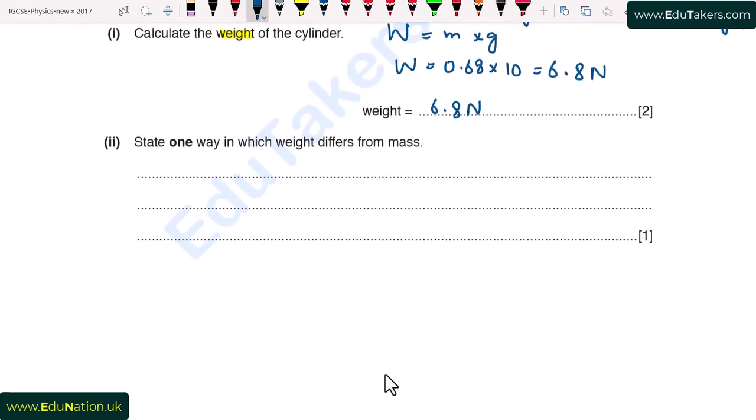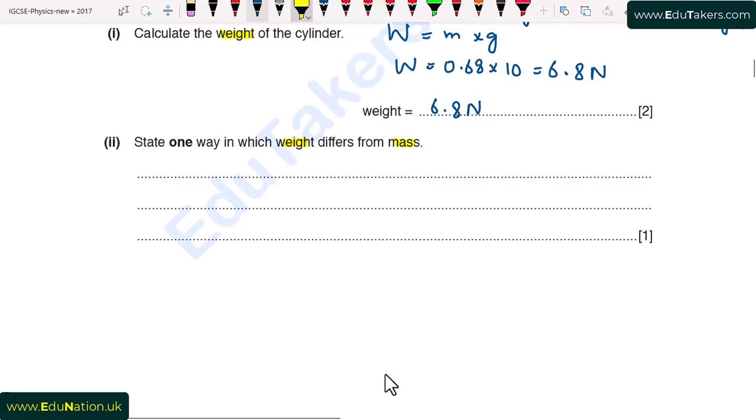Next, part 2. State one way in which weight differs from mass. So here we have to differentiate the weight and mass. Weight is a vector quantity while mass is a scalar quantity, or we can simply say that weight has direction while the mass does not have any direction.